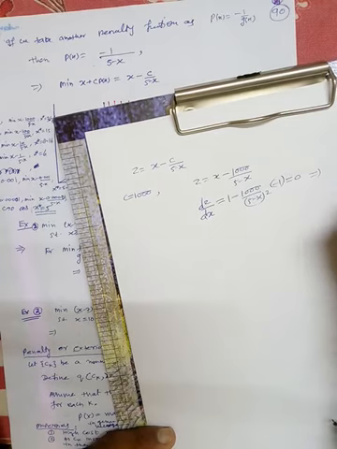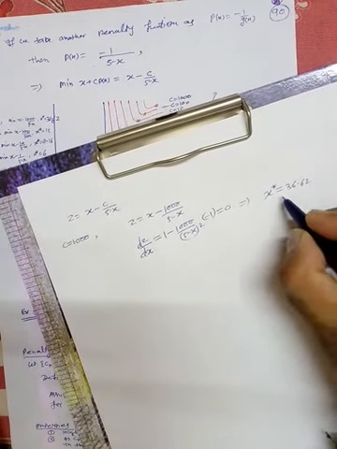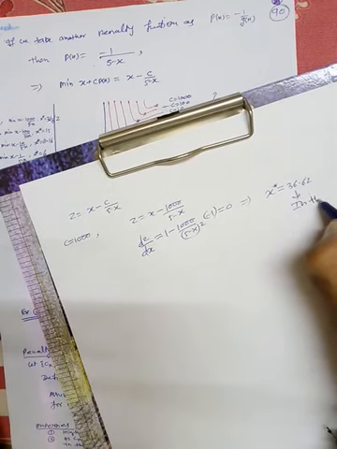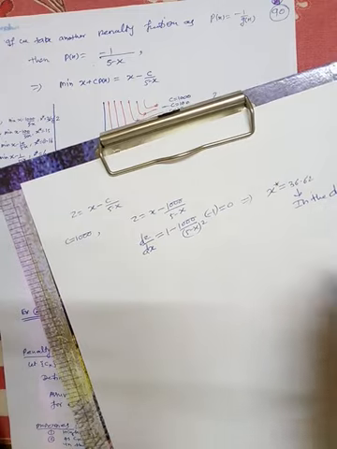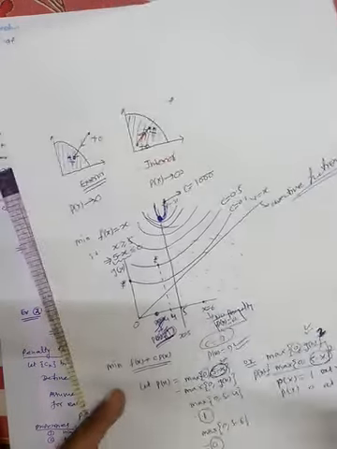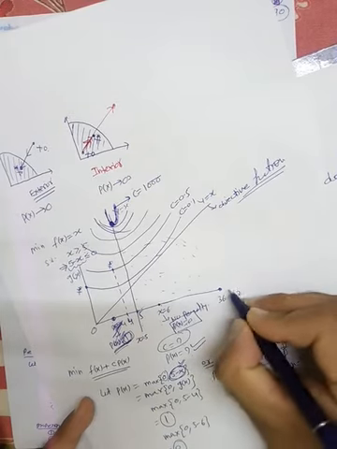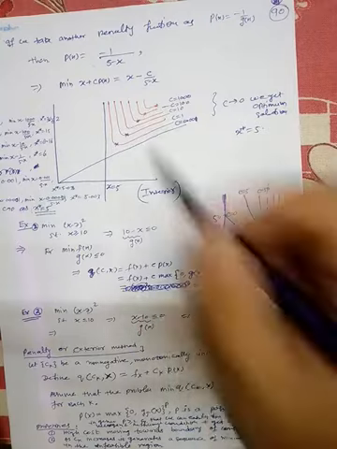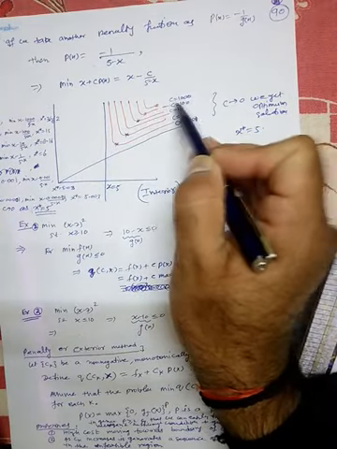So x star will be from here 36.6, and this x star is in the domain. This point is in the domain. What is the point? Here 36 point something is here. 36.62 is somewhere here. Okay, so if you draw this curve, this will be the curve, c is equal to 1000.